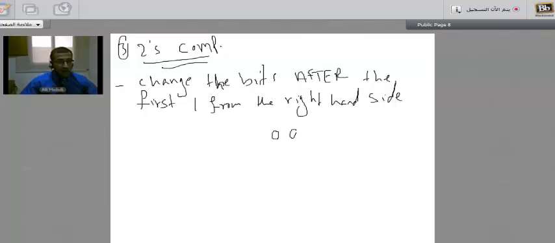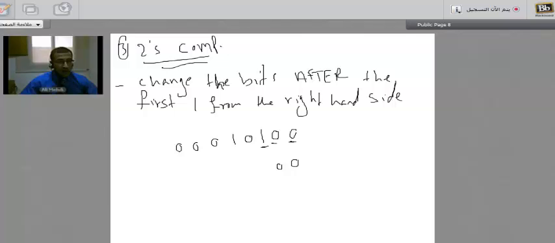0 0 1 0 1 0 0 0, and I ask you to find out its two's complement, what you do, you scan the number from the right, okay, until you find the first one. So this number is 0, it will come down as it is. This number is 0, it will come down as it is.